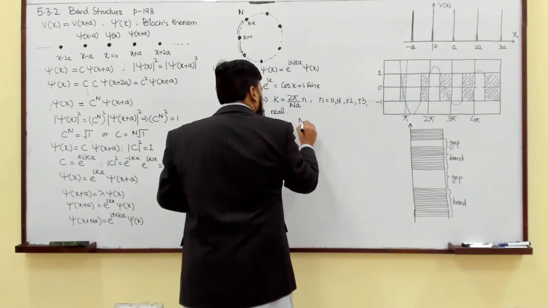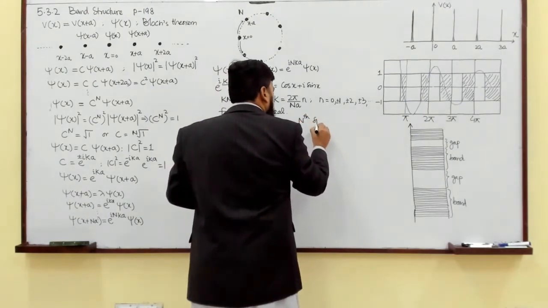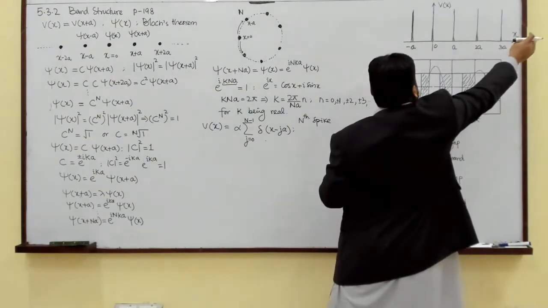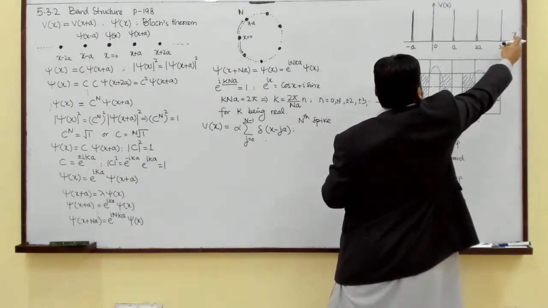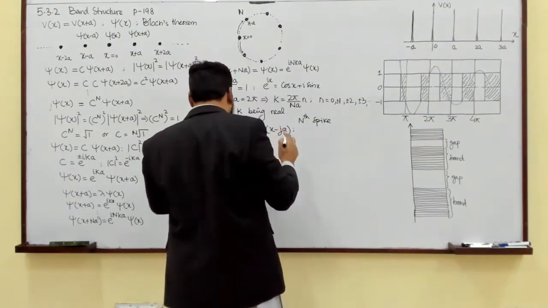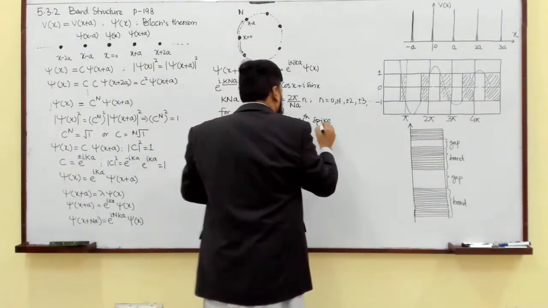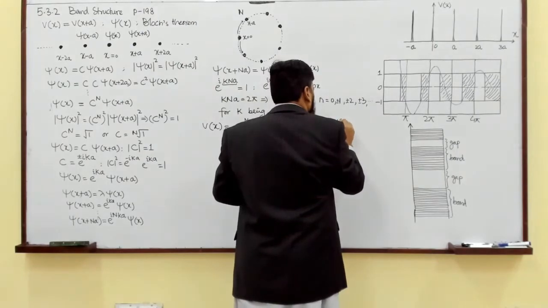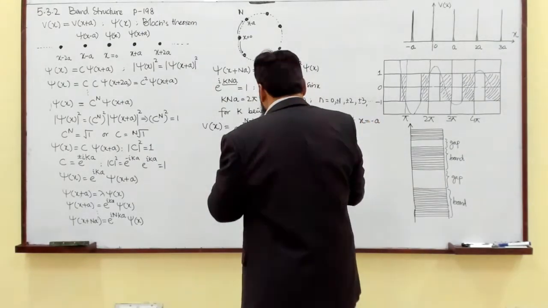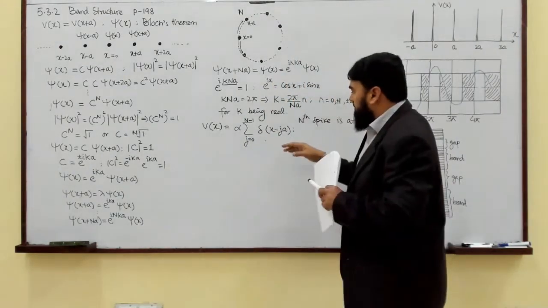This will have the nth spike, means the spikes that I am considering are Dirac delta potentials. The nth spike will come at x minus (n minus 1)a. Now let's discuss this one.